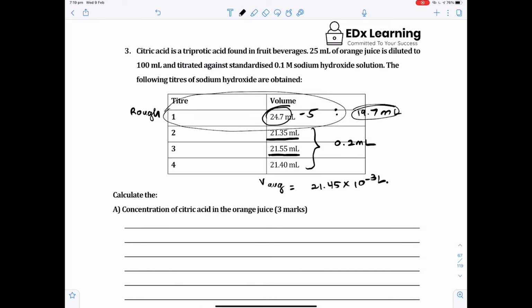Always discard the rough titer. Find 3 concordant titers and average them. When I say concordant, it's within 0.2 ml. Okay? Right. So go for it. The one thing I want to see, I don't care about your answer, is whether you followed the steps that I told you for calculation.